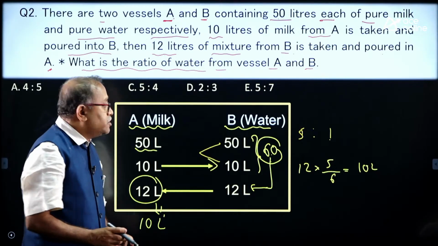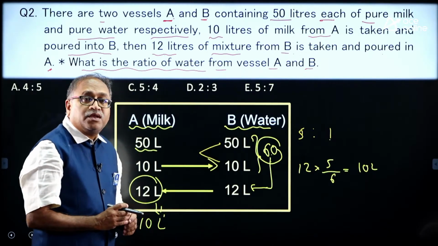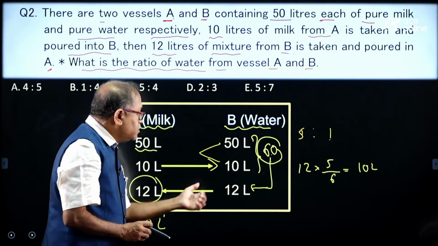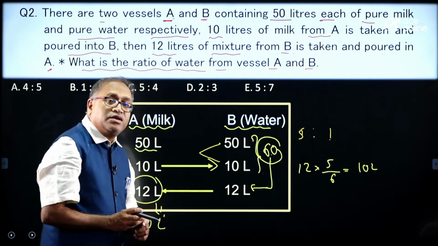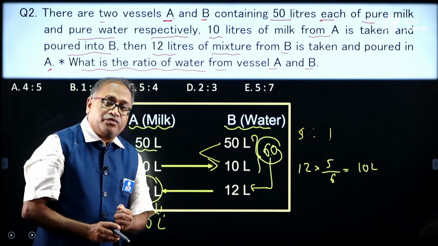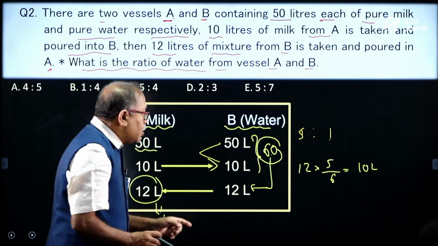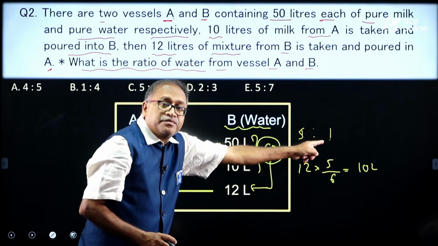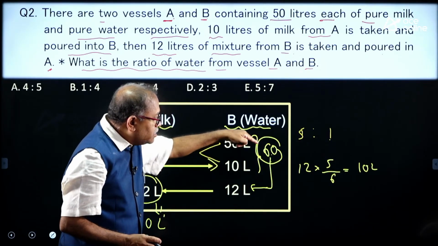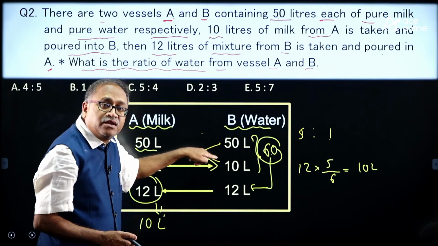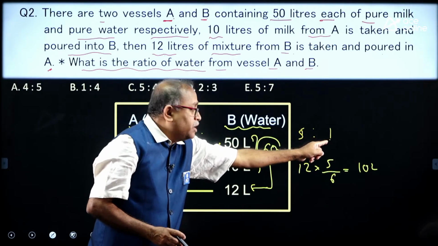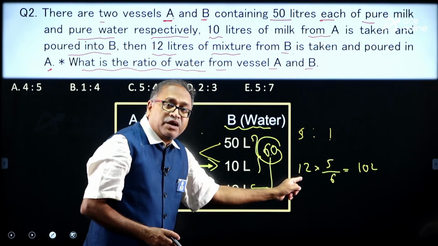How about the water over here? Out of this 60 liters of mixture, you are taking out 12 liters. In this 12 liters, how much water is going out? The 1 part water, right? 5:1 is the water and milk ratio, so 1 part is going out, that is 1 part out of 6.